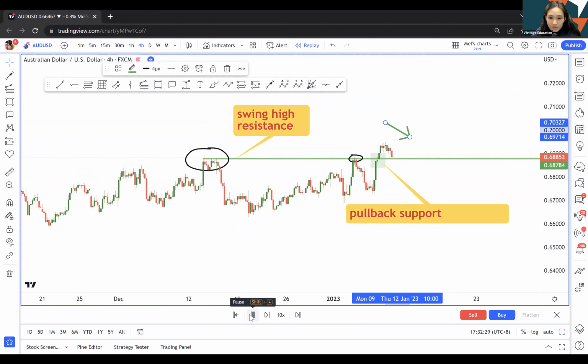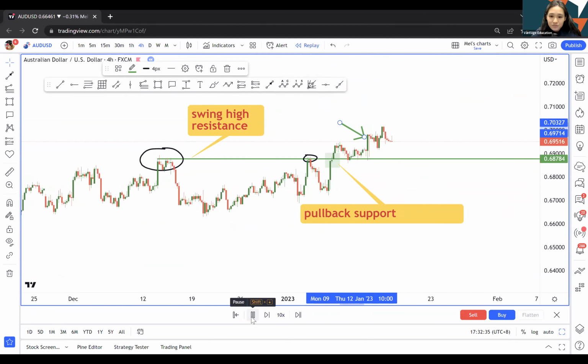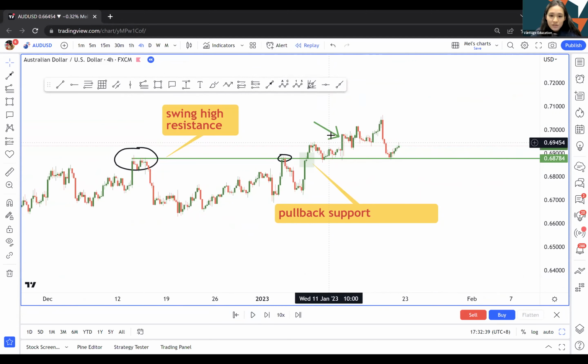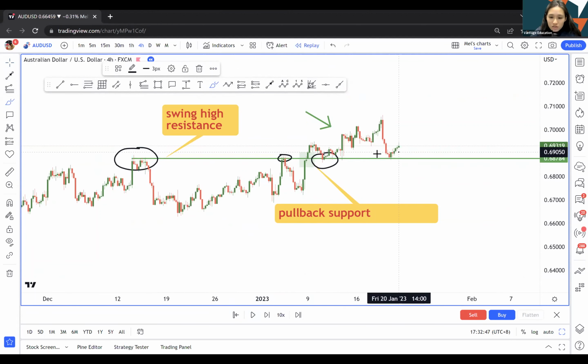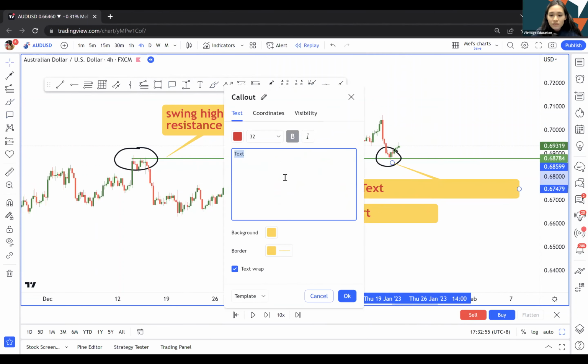I'm going to play it. Once it reaches here, we see that it has overlapped. Here you can see that price has tested this level a few times. Now it is an overlap support.